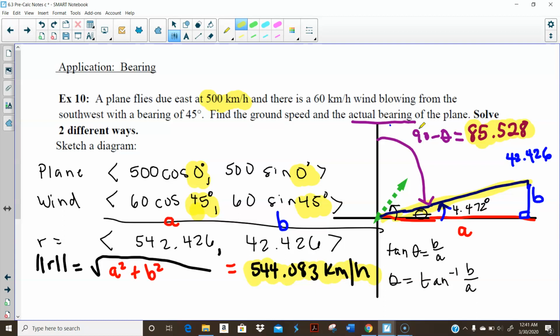This is what's happening in this story problem. So with the wind behind the plane, it's actually making the plane go faster. Instead of 500, it's going 544. And then the wind is also blowing the plane off course. So instead of it going directly east, it's actually 4 degrees off of going directly east.